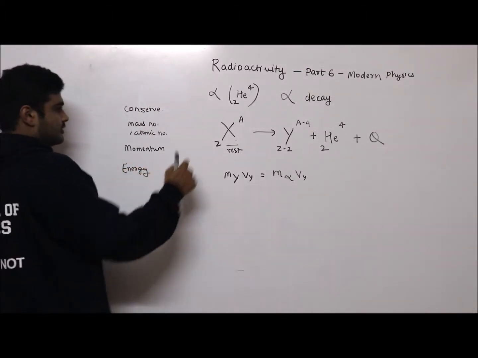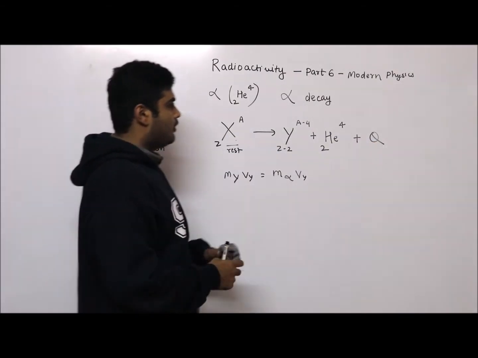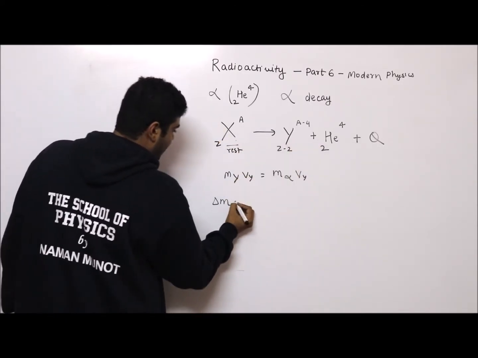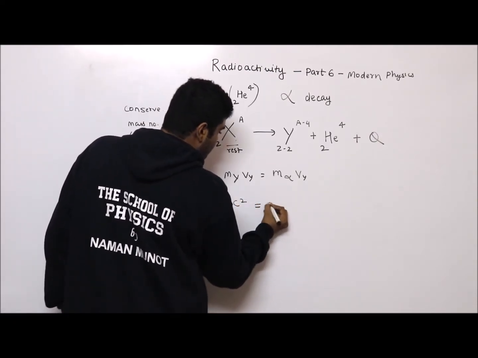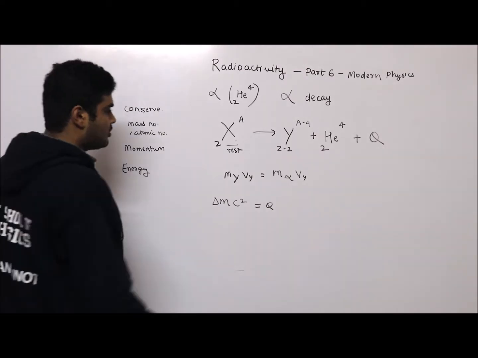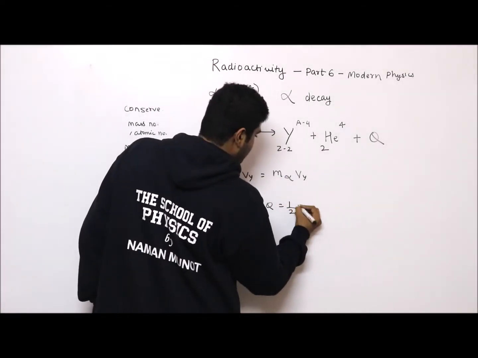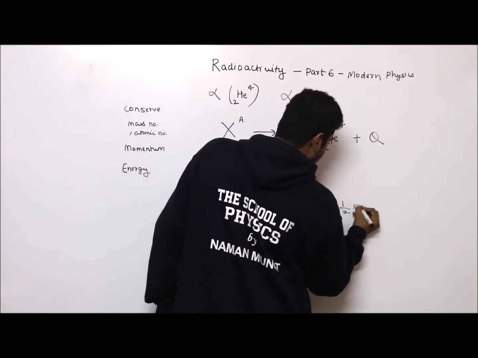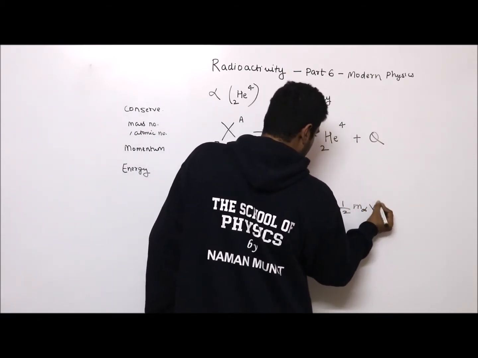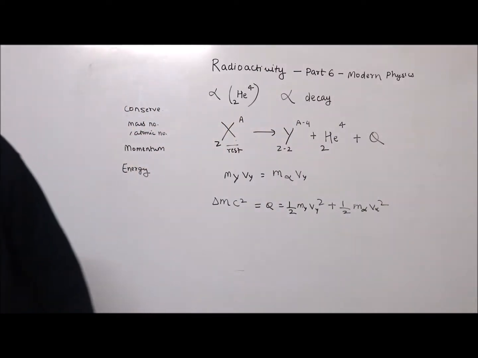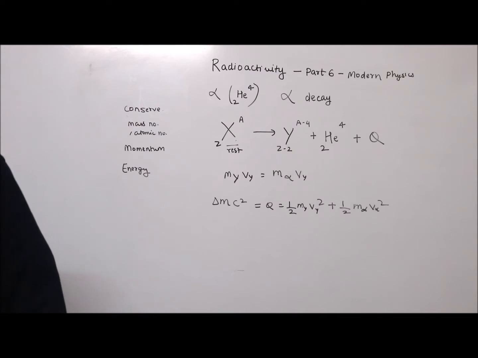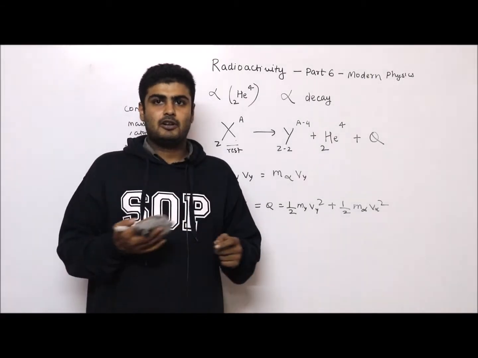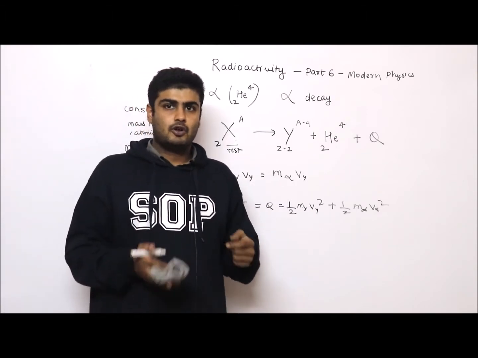Whatever is the change in energy, say delta M, meaning mass of products minus mass of reactants, into c square, is also equal to the energy that has gone into the kinetic energy of the alpha particle and the new particle Y. On solving both of these, you have to remember this direct result for the alpha particle, because it might come, not very sure, but it might come.